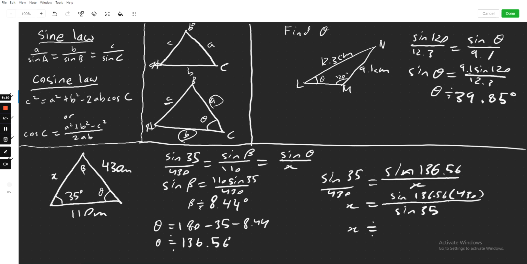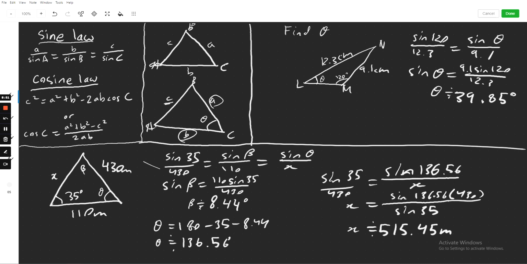One second while I do these calculations. So now we have 430 times sine 136.56 divided by sine 35, which equals about 515.45 meters.